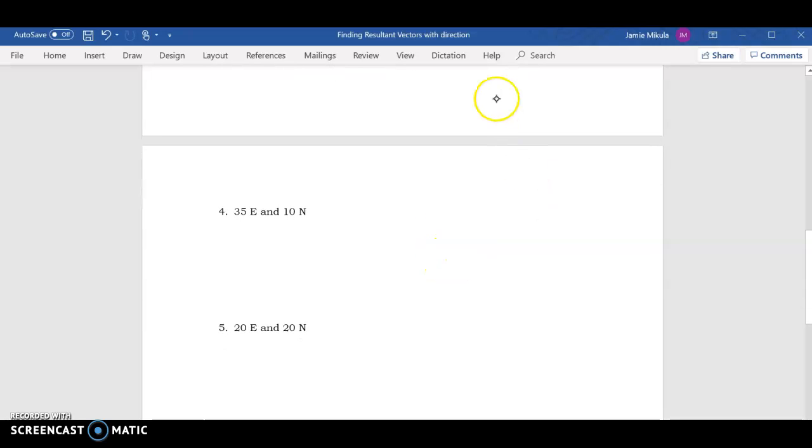Next one, number 4, you go 35 east, and then from there you just go 10 north. So it's going to be a very small angle here. You're looking for theta, so let's do first a squared plus b squared equals c squared. 35 squared plus 10 squared equals c squared.